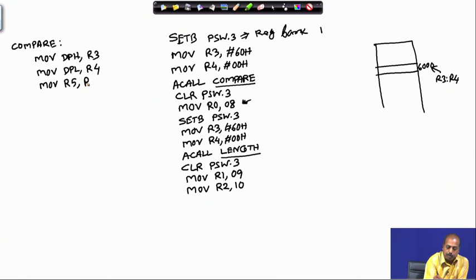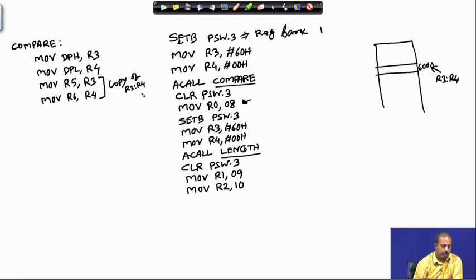So, MOV R5, R3 and MOV R6, R4. These two statements are just to keep a copy of this R3 R4 pair, because this pair will be modified as we proceed. Then the next job that I have to do is, say I have got the string like this: A, B, C, etc.